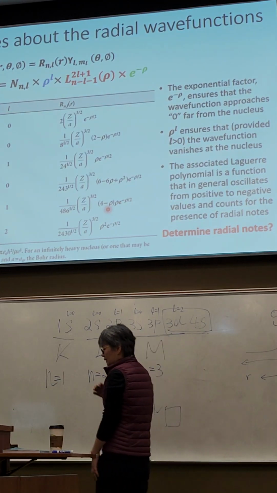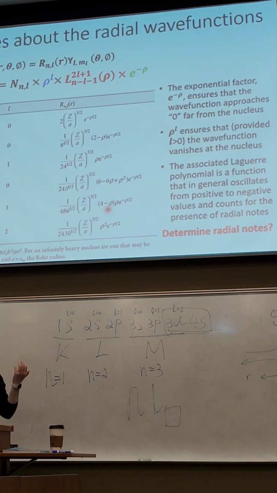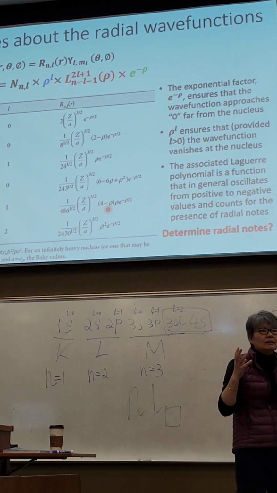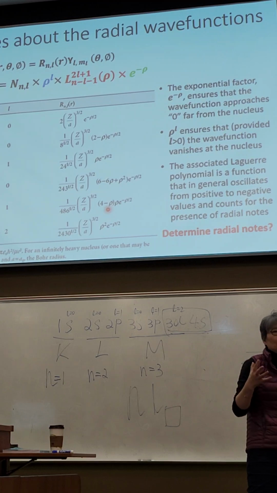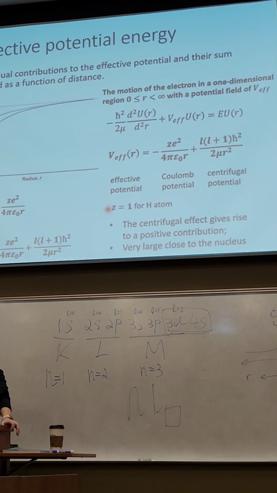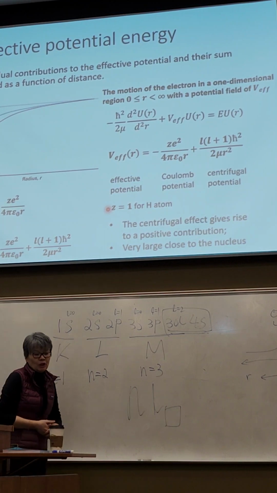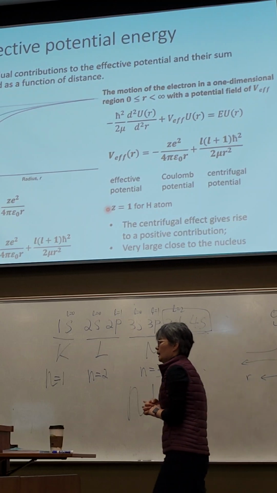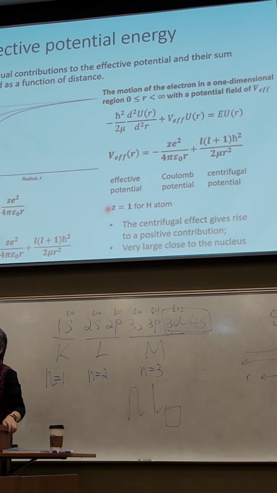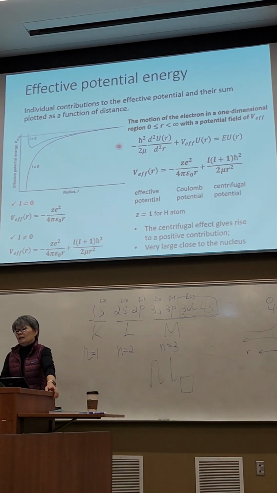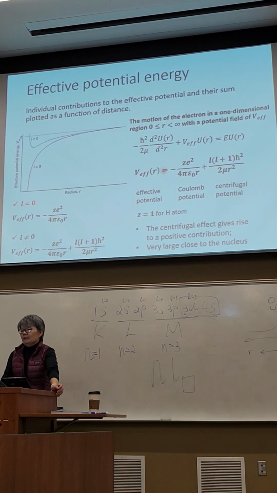Okay, all right. So basically they want to show you that with the solution looking like this, it really satisfies the boundary conditions in terms of the radius. Okay, now let's keep going. So when we look at the effective potential energy, we can think about the effect.